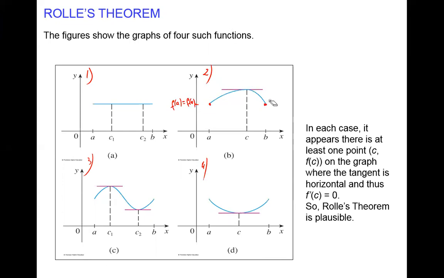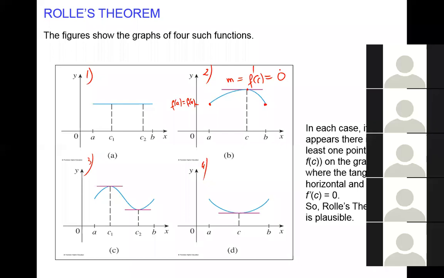And then I have to connect them in a nice, smooth way. The function must be differentiable. Of course, continuity is also a big part of this game. And then I will definitely find a point where I can draw a horizontal tangent. This means that the derivative at this point, which is the slope of the tangent line, is 0. Okay?